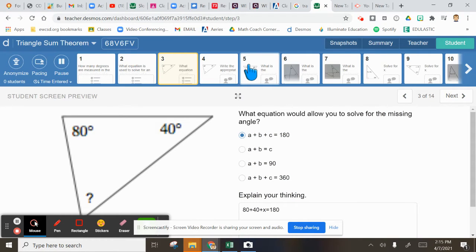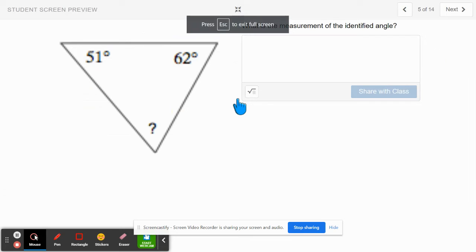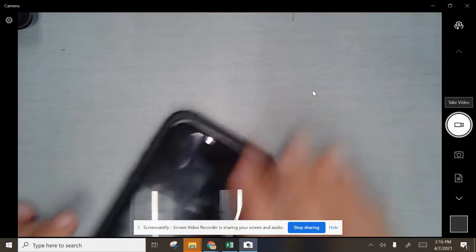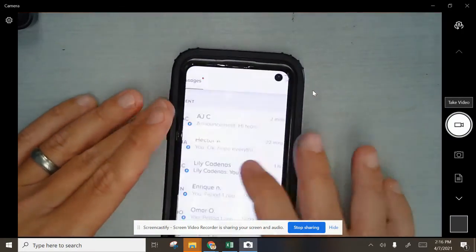All right. And the next question, what about this problem? What is the missing angle on this one? Use your notebook if you need to show your work. This one takes a little bit of work, but if you were to use your calculator, I can even just go straight back to 51 and 62.